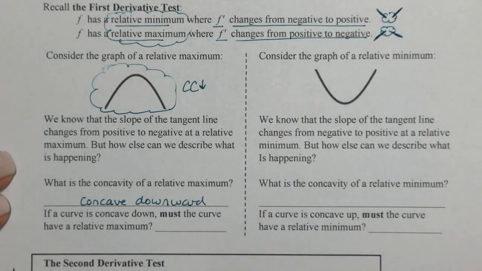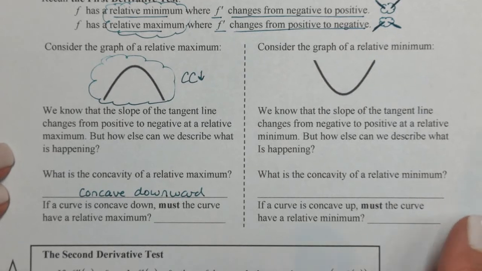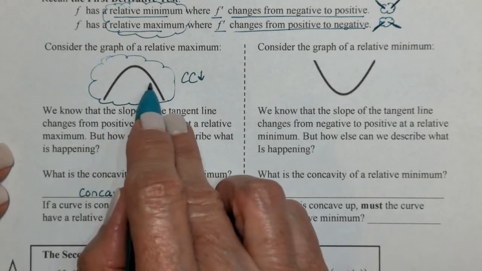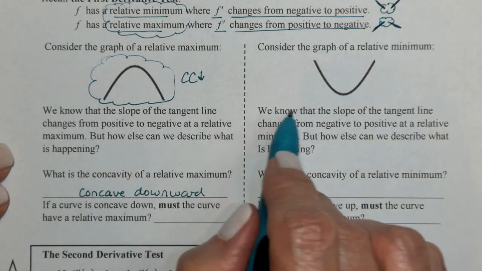If a curve is concave down, must the curve have a relative maximum? This concave down curve definitely has a relative max.